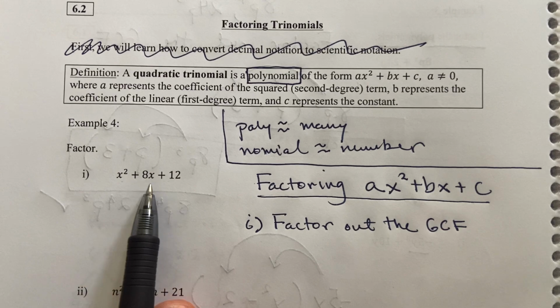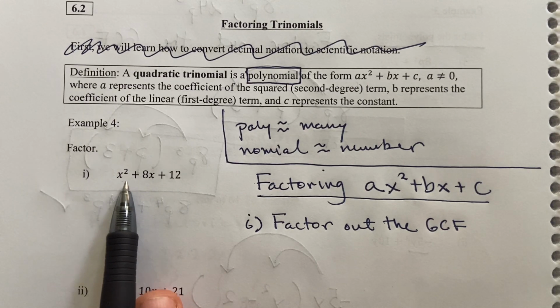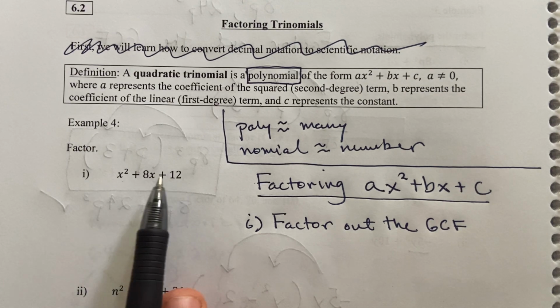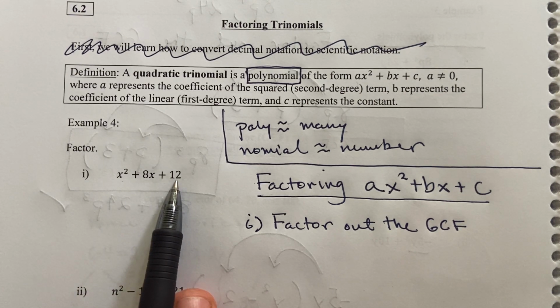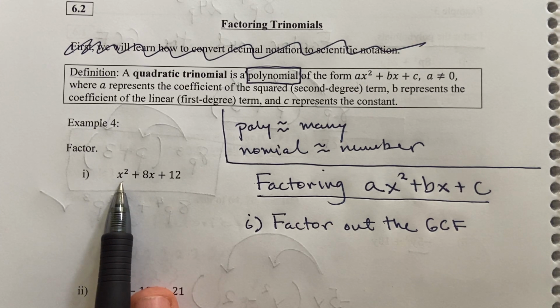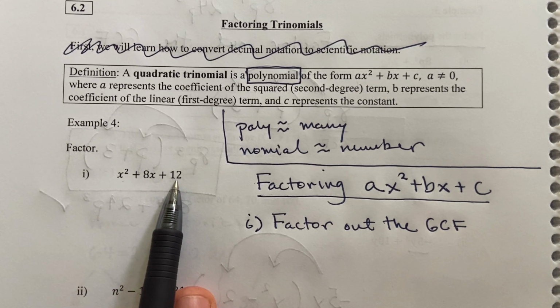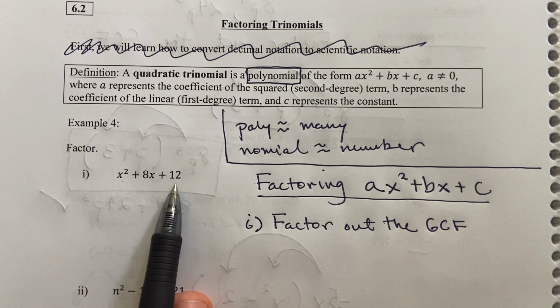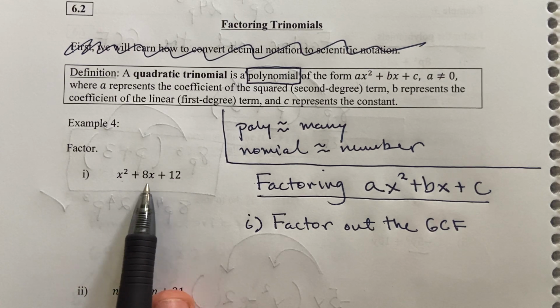So looking at this first one, I'm looking at every term and thinking, okay, is there anything common to every term? So these 2 terms share an x, but this term does not have an x. So I cannot factor out an x because x is not common. These 2 terms are divisible by 2.